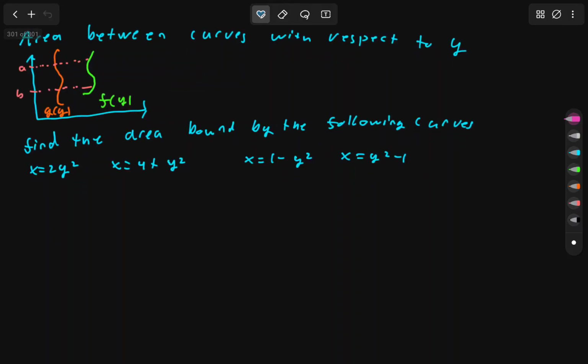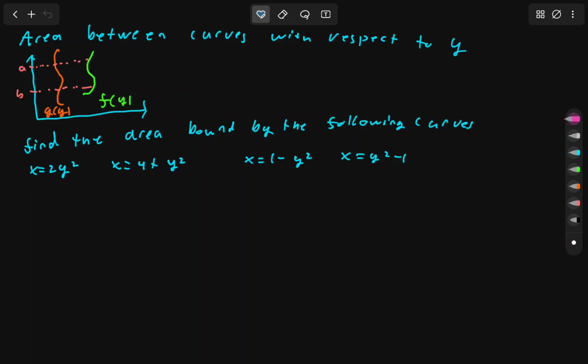So, another thing we can do, and in fact this is kind of an interesting thing we haven't really gone over yet, is sometimes we have functions defined for y, like for example, x is equal to y squared. Well, in these cases, we have to have a different way of evaluating the area. Just kidding, it's really the exact same.